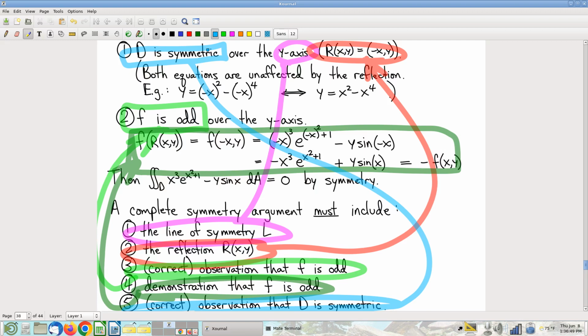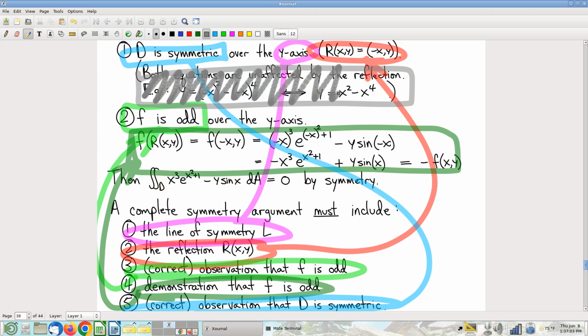What you do have to do is be right about it. You can't just assert something's symmetric if it isn't. The talk I did over here justifying why the domain is symmetric was just there in case you were having trouble seeing it yourself. You do not have to supply that in the argument.